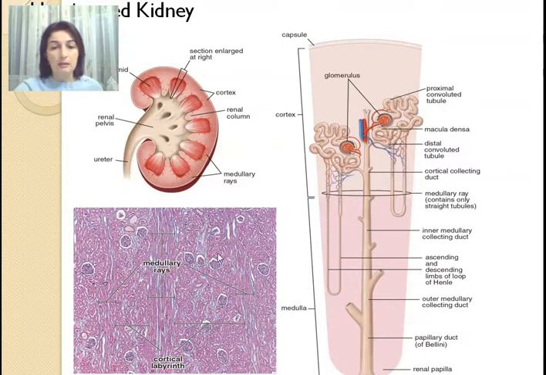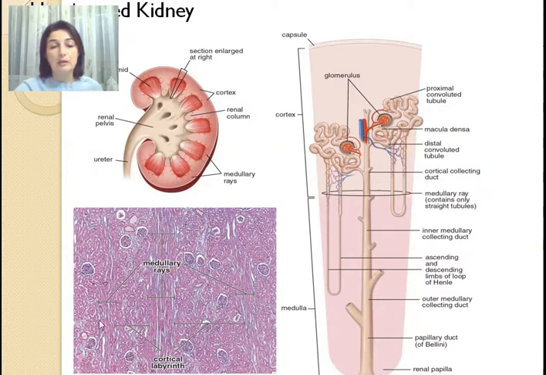In the slide of the kidney, we can distinguish that the cortex includes these nodular, rounded structures, which together with the tubules form a cortical labyrinth of uriniferous tubules.